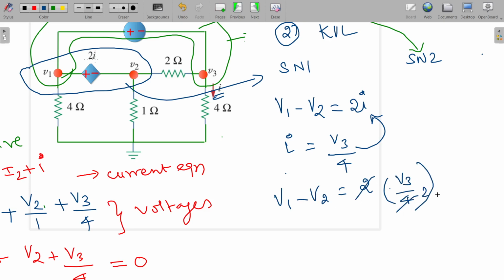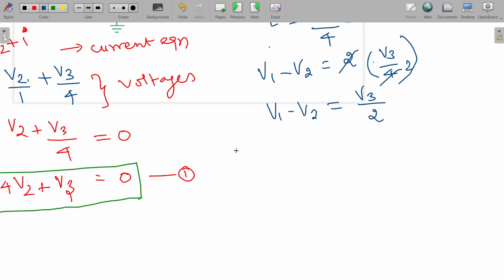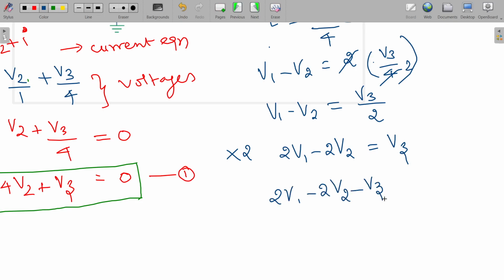So you get V1 minus V2 is equal to V3 by 2. Now multiply this equation by 2, you get 2V1 minus 2V2 is equal to V3. Bringing this V3 to the left hand side, it becomes minus V3, that is equal to 0. So now you got your second equation.